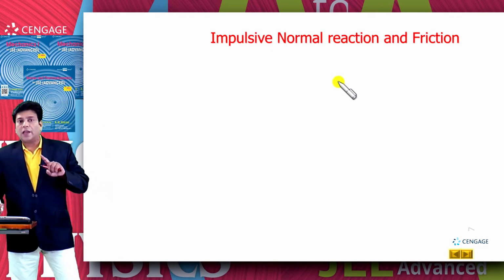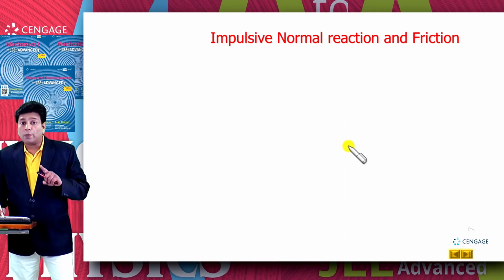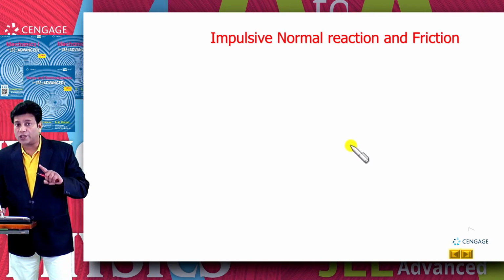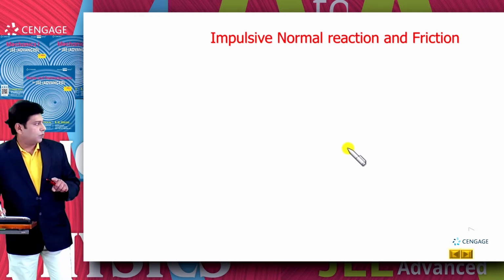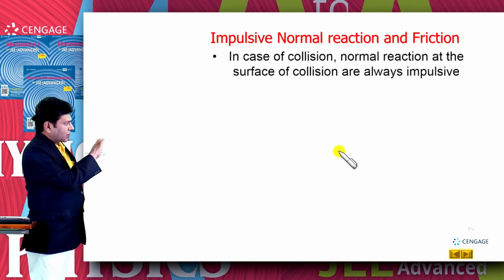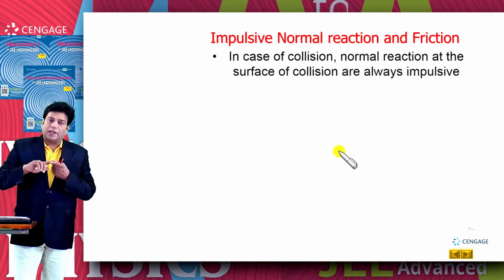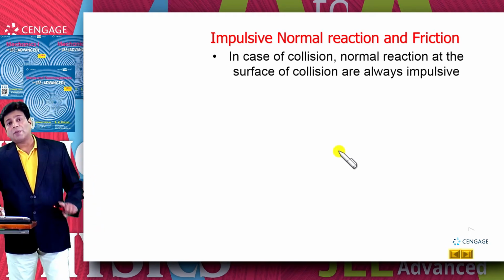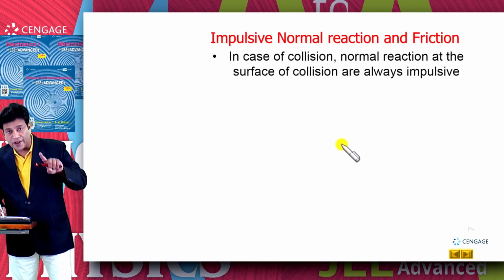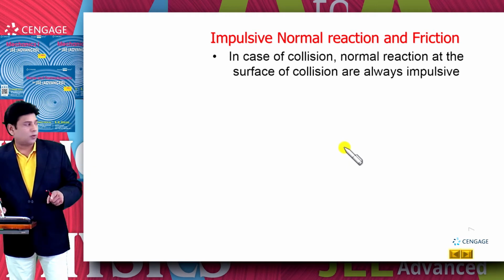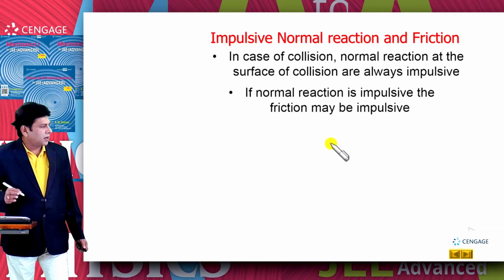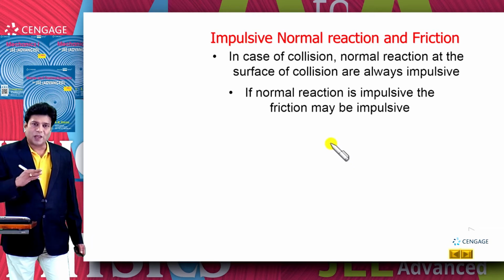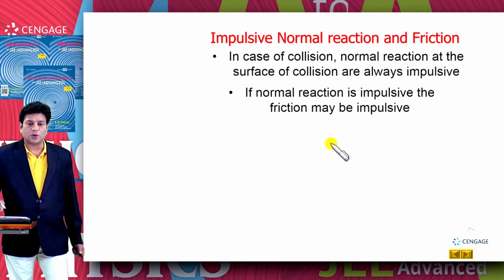So we can say during collision the normal reaction of the surface of collision is always impulsive. And if normal reaction is impulsive, we know in case of sliding, friction force is mu multiplied by normal reaction, so friction may also be impulsive. Now let us learn the normal reaction again, in which case it is impulsive and in which case non-impulsive.